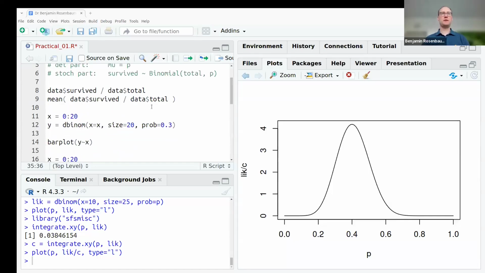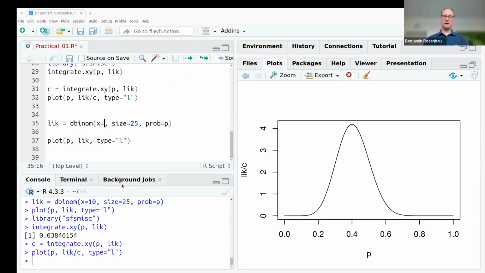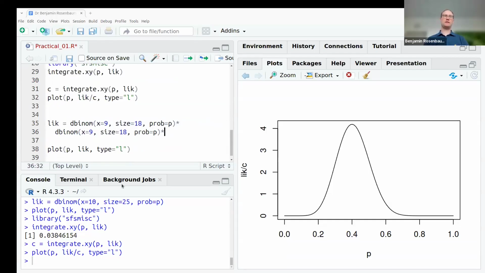So the first data point was 9 out of 18, times, now I can just copy and paste this and exchange some values. The other data point was 10 out of 25, I guess.